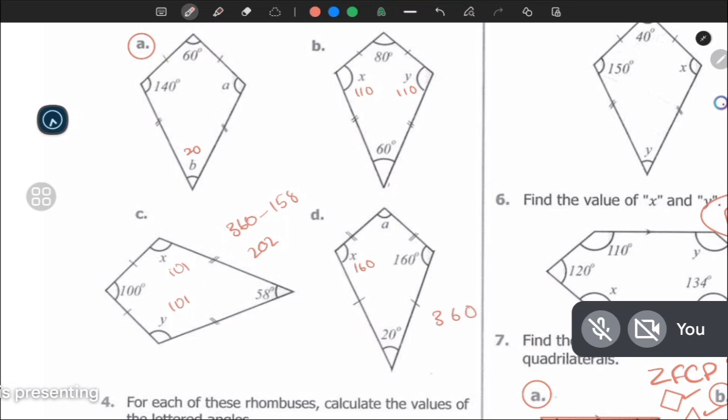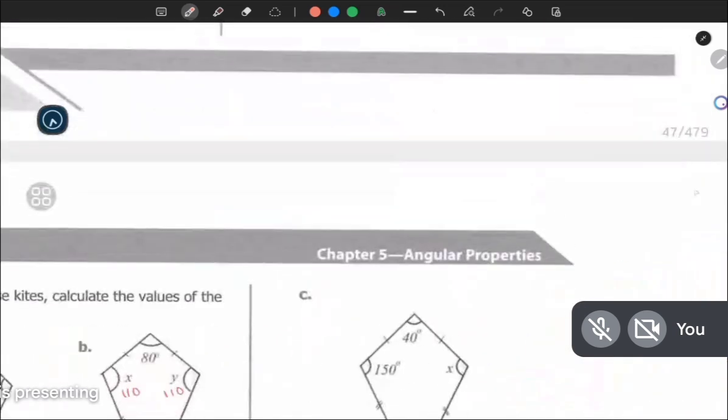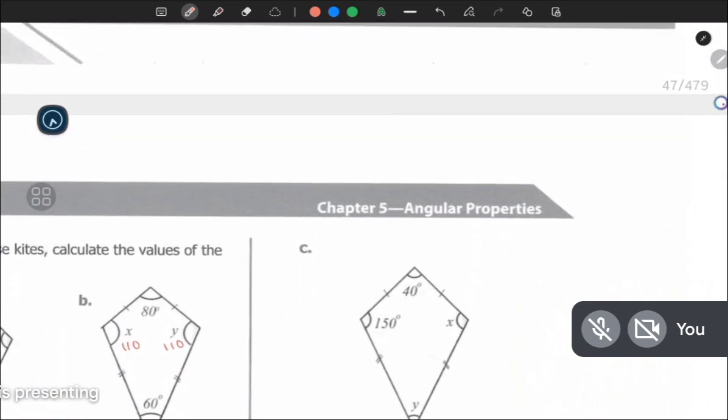By 360. So you're doing 360 subtracted by 160, 160, and 20, right? Okay. So in essence, this question is wrong, right? So it's actually a rhombus. The value should have been different, right? So moving on, try this part. C.